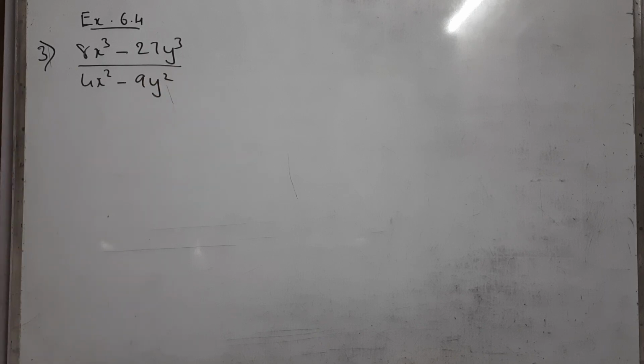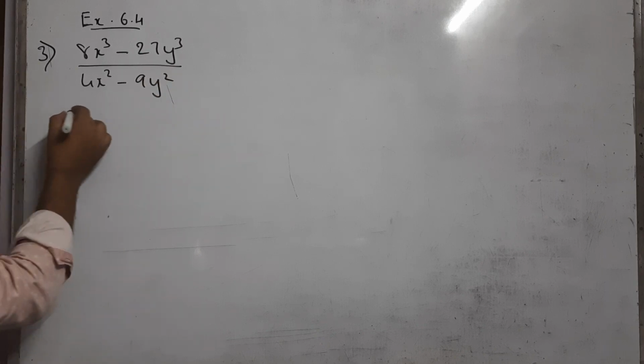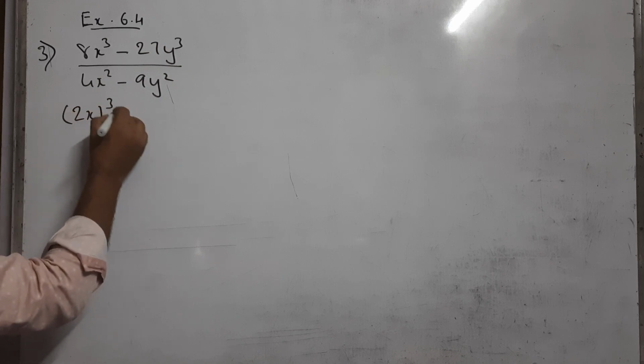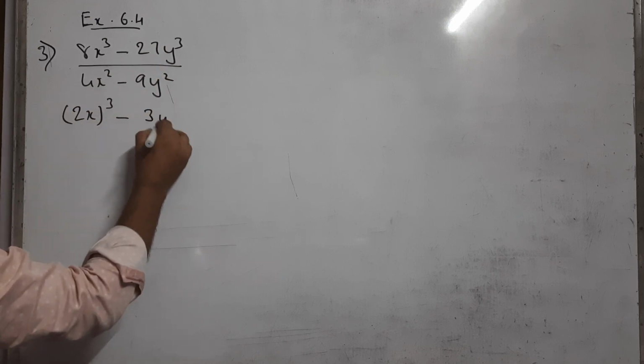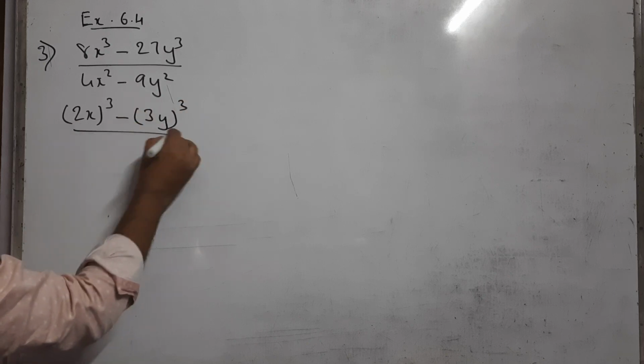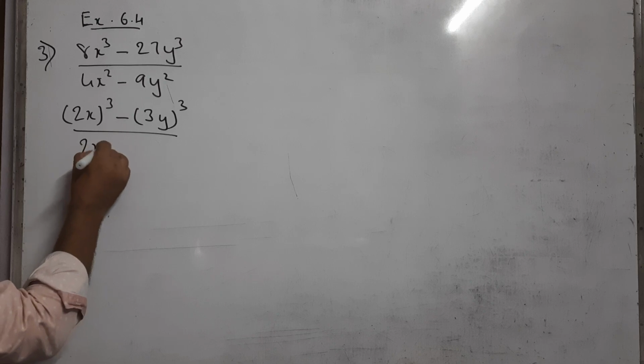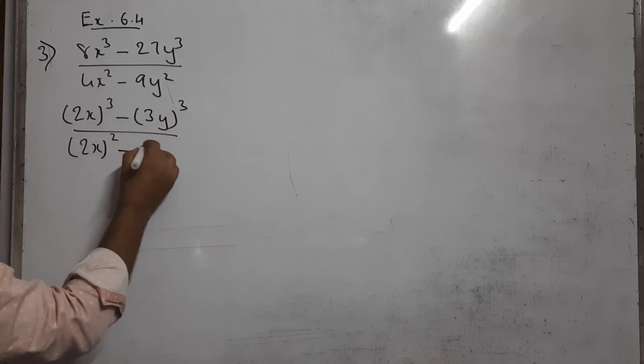Okay, 8 is a perfect cube of 2. So first of all we have to write it as a perfect cube, that is 2x whole cube, and 27 is a cube of 3, so 3y whole cube. Now in terms of square, 4 is the square of 2, so 2x whole square, and 9 is the square of 3.